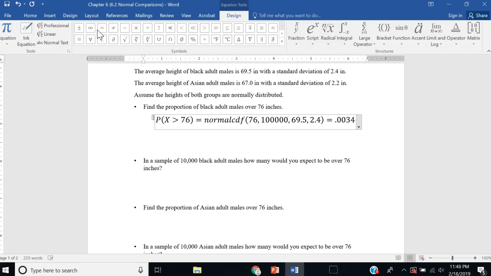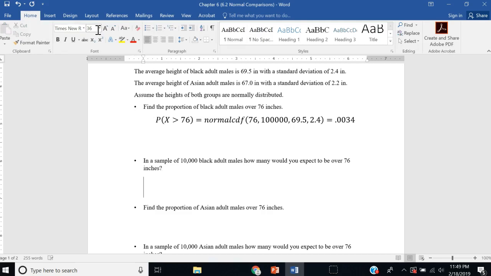So that's an extremely tall person in the general public. It's not so large that it can't happen, though. But it is a fairly large person in the general public. So what we see is about 0.34% of that group is above 76 inches tall, is above 6'4".